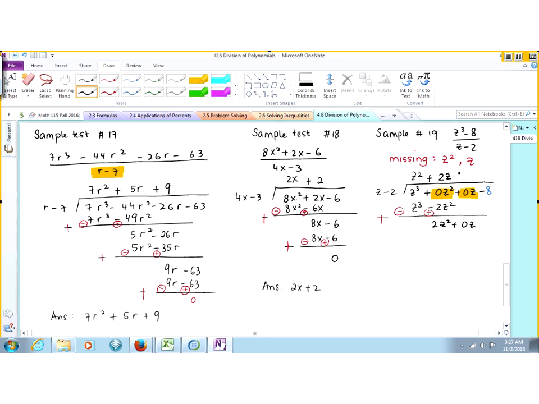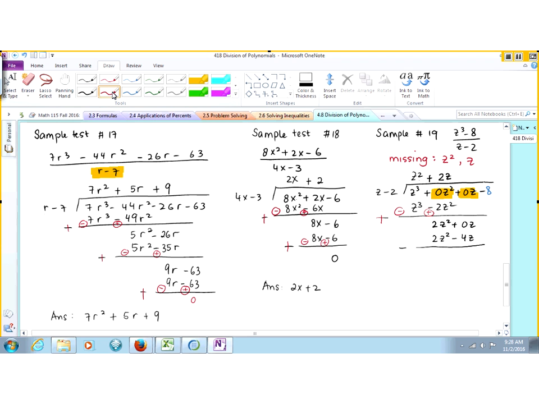Plus or minus? Plus 2z. 2z divided by z minus 2z multiplied by z minus 2. 2z squared minus 4z. So you see, if I don't put these zeros, how am I going to align them? Yeah, so you need to align them.